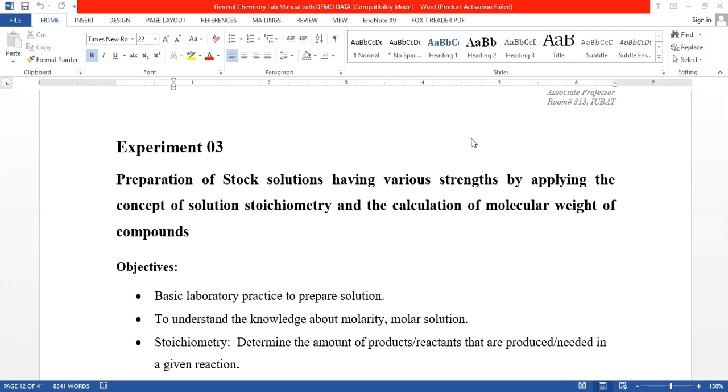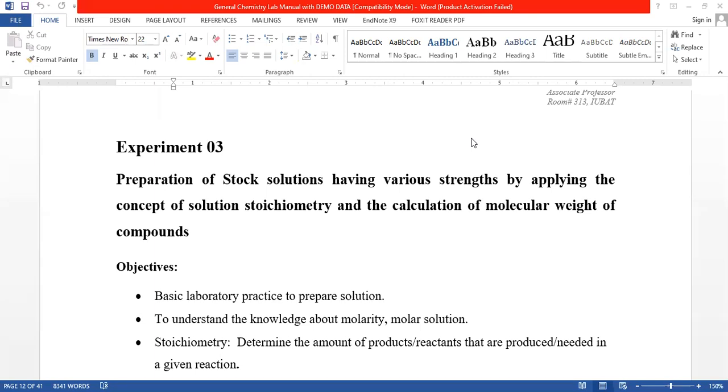So usually the stock solution is also the standard solution because without knowing, we cannot prepare the solution. Whenever we are preparing the solution, sometimes we calculate before, sometimes we calculate after. Whether the calculation is before or after, no matter, the main objective is to find out the concentration.